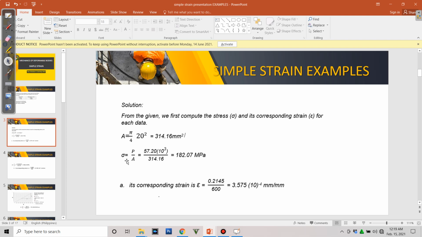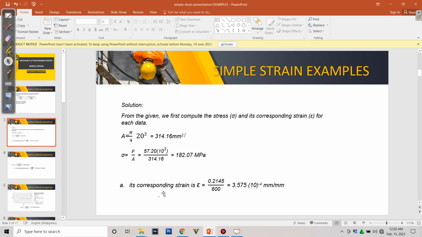From that we will determine the sigma for the 57.2, or the first loading. This is multiplied by 1000 to make it in Newton, and then divided by the area, we will yield 182.07 megapascal.